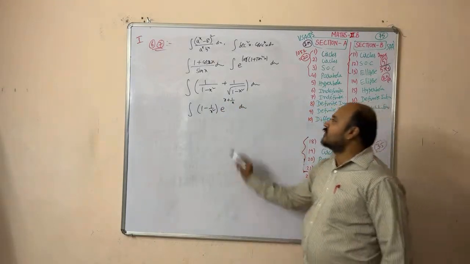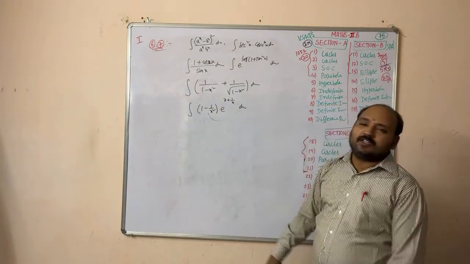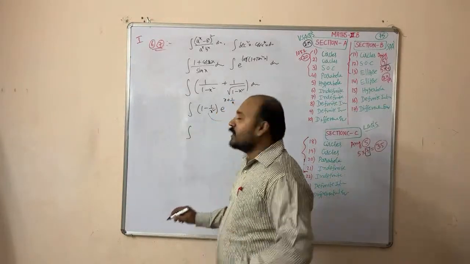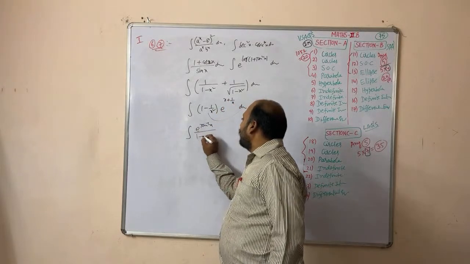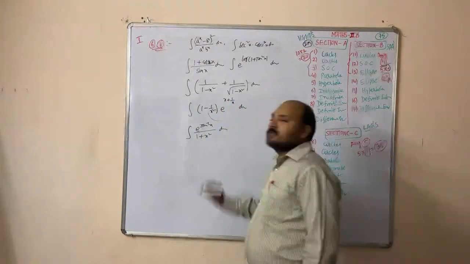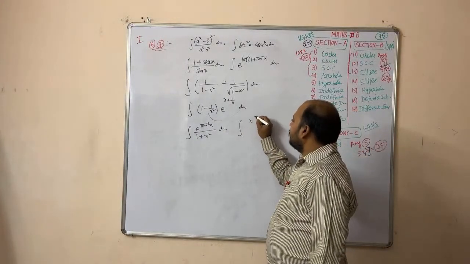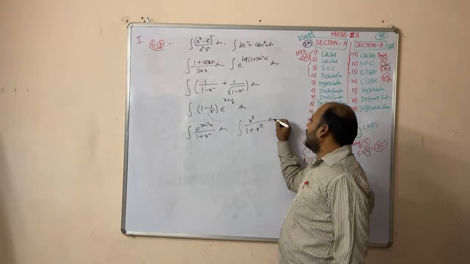Substitution method, dear students: x plus 1 by x equal to t, then this value will become dt. Like this, you can do that. Next, substitution integration: e power tan inverse x divided by (1 plus x square) into dx. Next, this is also an application: integral x power 8 by (1 plus x power 18) into dx.